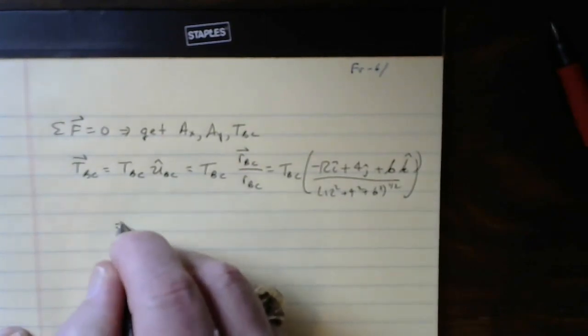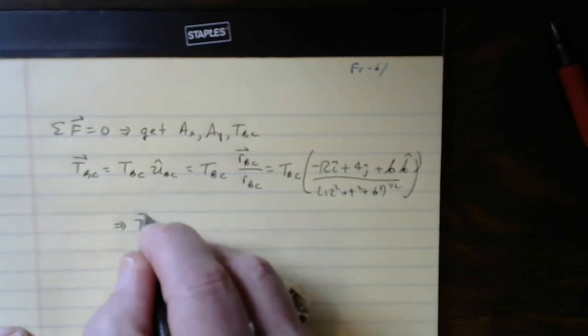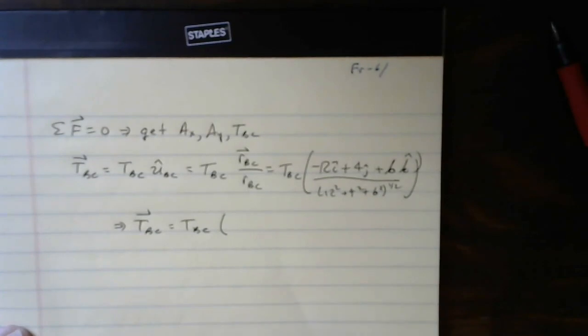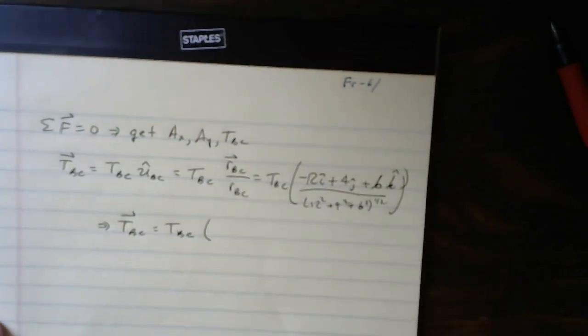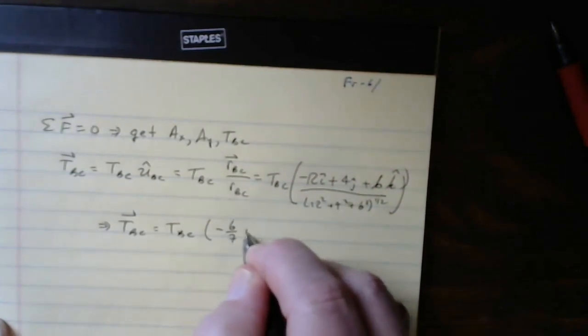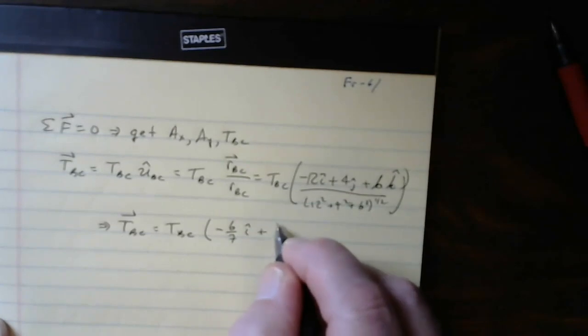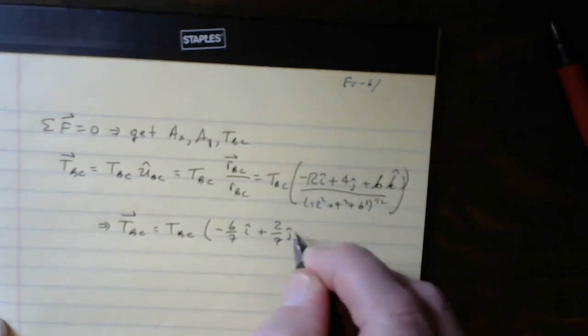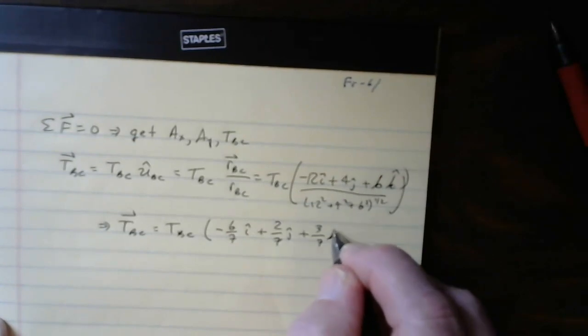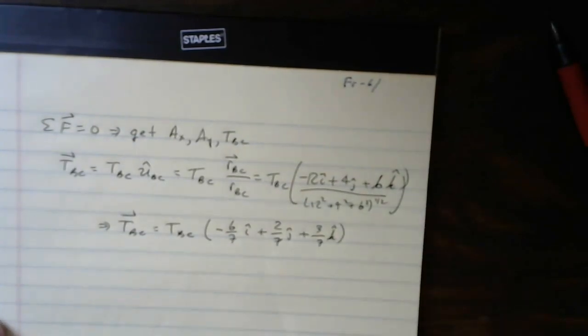I get the vector TBC is equal to its magnitude and its unit vector. The denominator comes out to be 49. Take the square root, that's 7, so it's minus 6/7 i plus 2/7 j plus 3/7 k. Of course, you could use your calculator to determine what 6/7 is and so forth. Makes no difference.